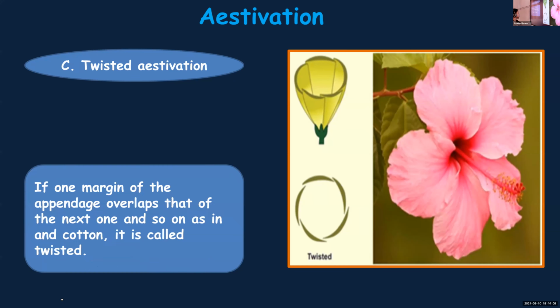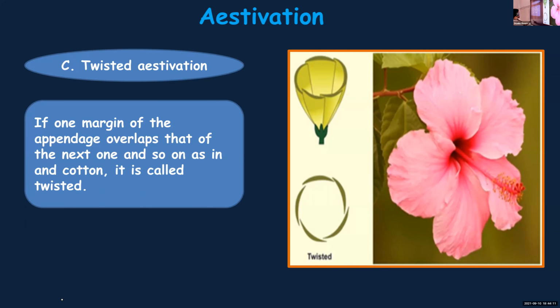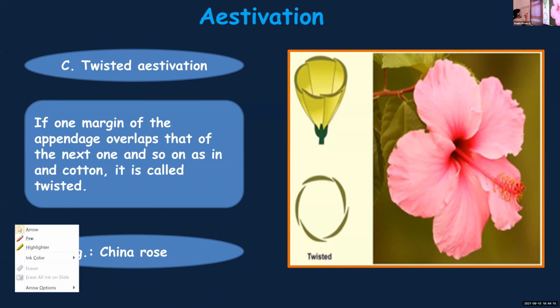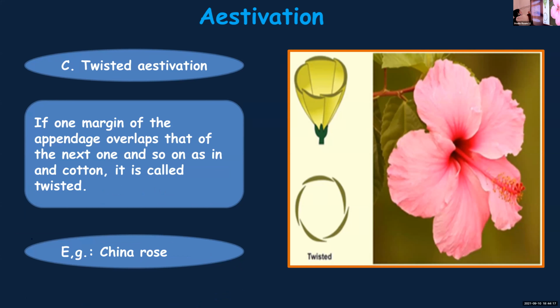Then about twisted aestivation. Here also there is overlapping, but here the overlapping is taking place in a particular pattern. One margin of the appendage will overlap that of the next one, and this pattern is continued. The next floral appendage also continues the same pattern.